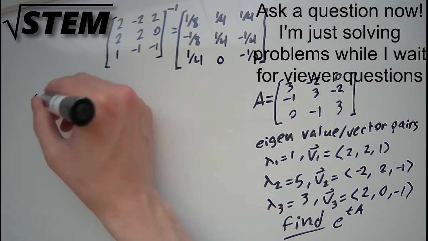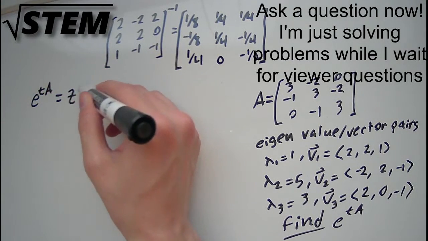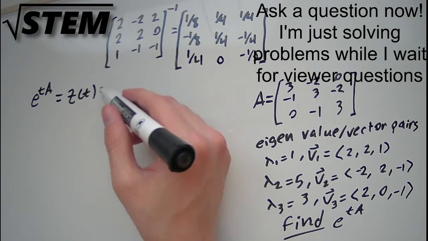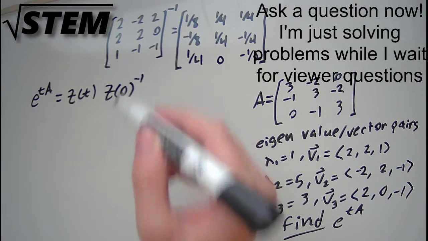Here's our theorem that we're going to use. e to the tA is equal to Z of t times Z of 0 inverse.